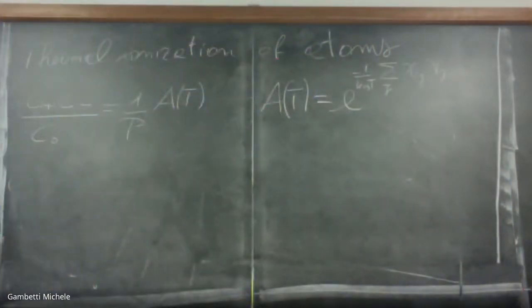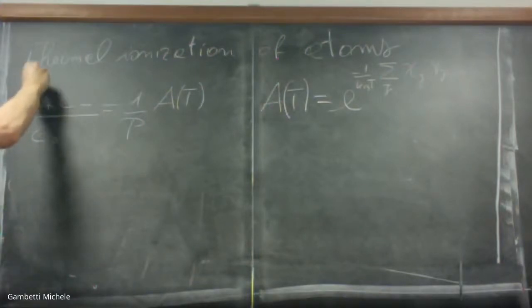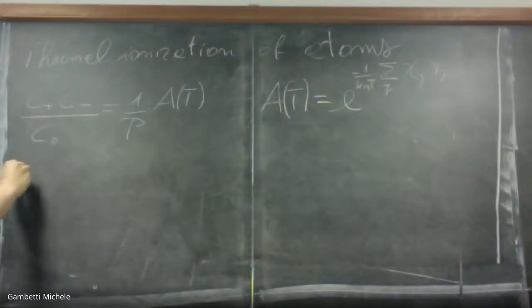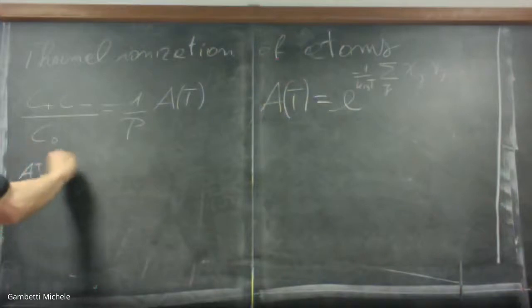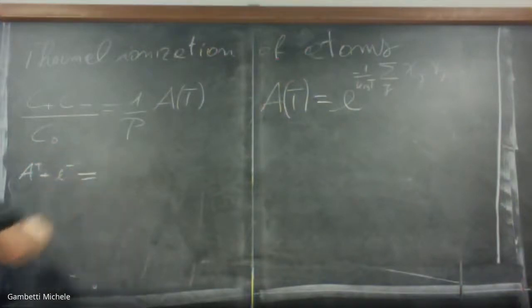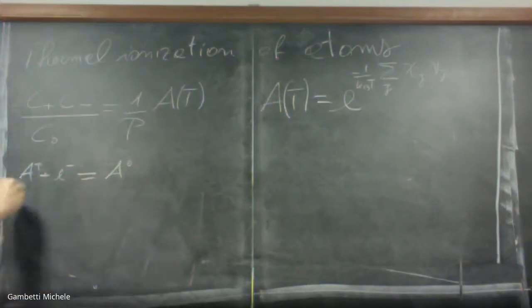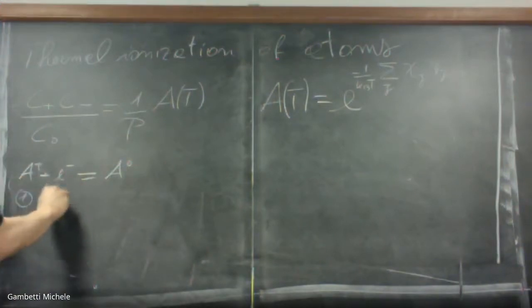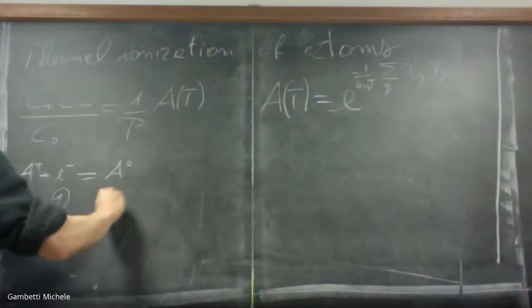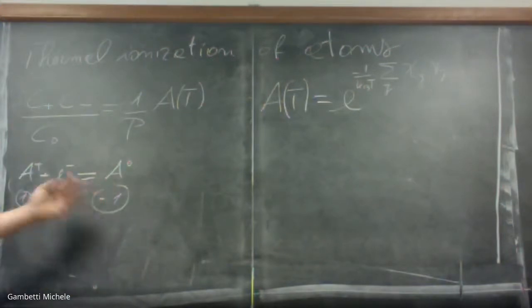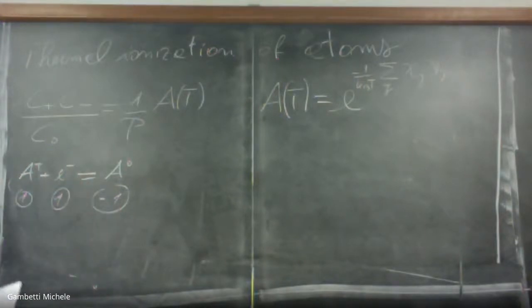If you write the reaction as A plus electrons equal to 0, the stoichiometric coefficients are 1 for the neutral atom, 1, and minus 1. Of course, I can write also the opposite, it will not change anything. The sign of the stoichiometric coefficient is just arbitrary in this respect.